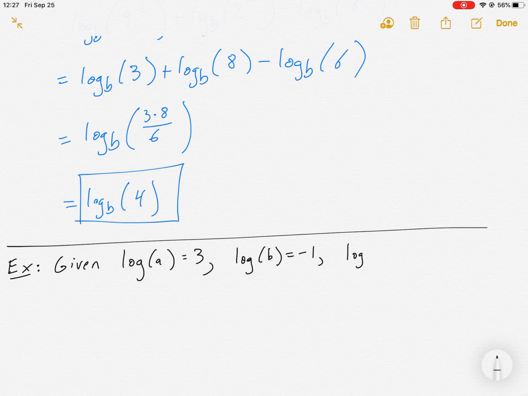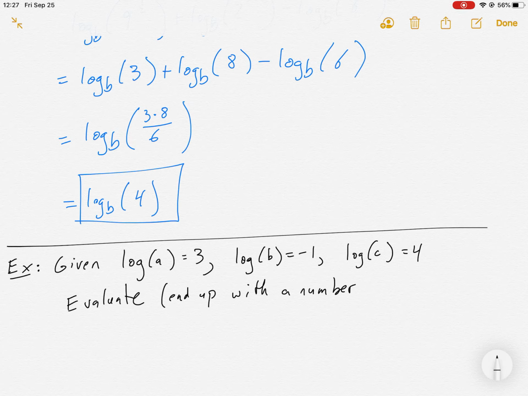And I'm going to tell you that log of c is 4. Given this, I want you to evaluate the following. So evaluate means you're going to actually end up with a single number as your answer.